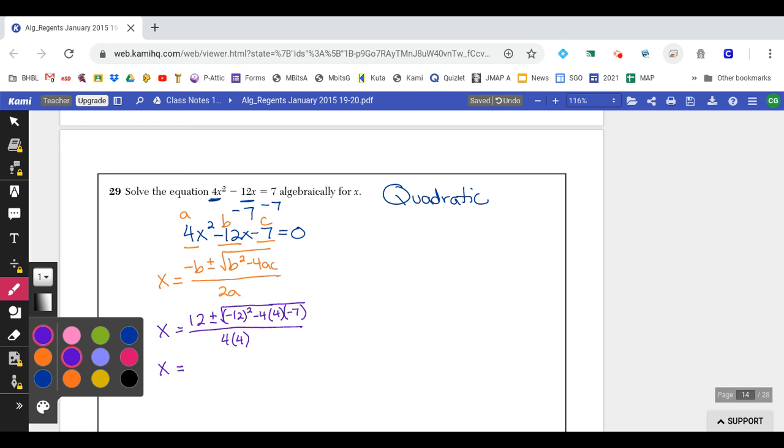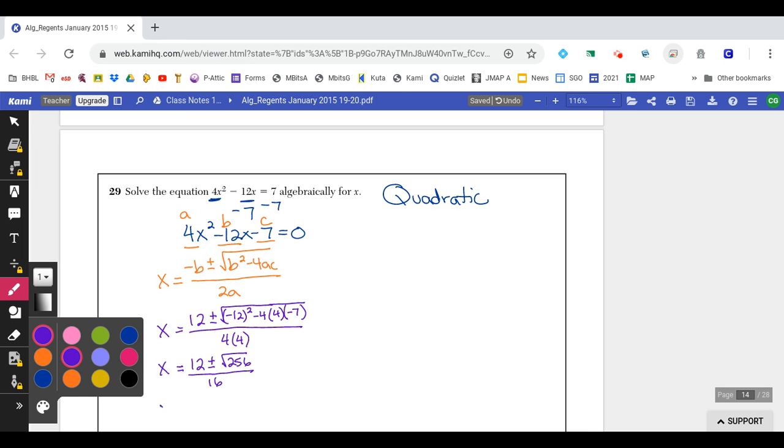So the next thing I need to do is I need to calculate the number under the radical. So taking out my calculator, 12 squared minus 4 times 4 times negative 7 is going to give me 256. So 12 plus or minus the square root of 256 over 16.